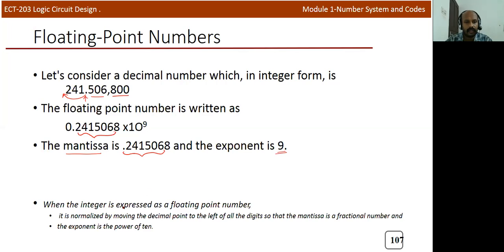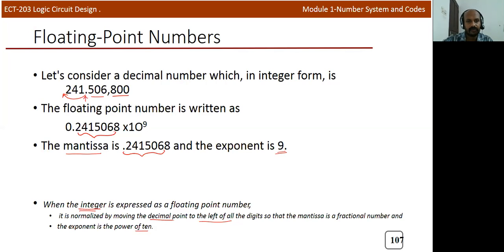When you write an integer in floating point format, the usual way is to move the decimal point to the extreme left, so that we can represent the mantissa as a fractional number and the exponent as a power of 10. So this is the case of a decimal number.